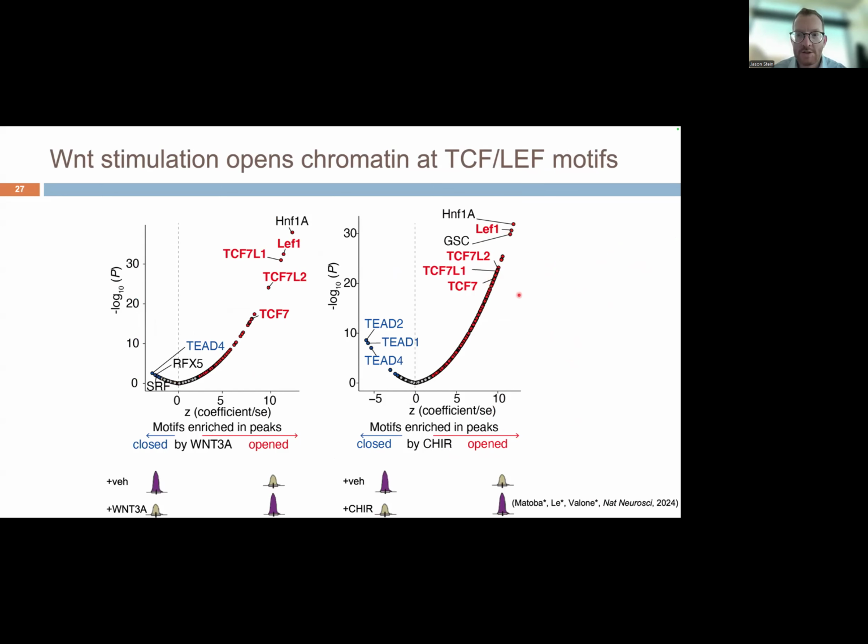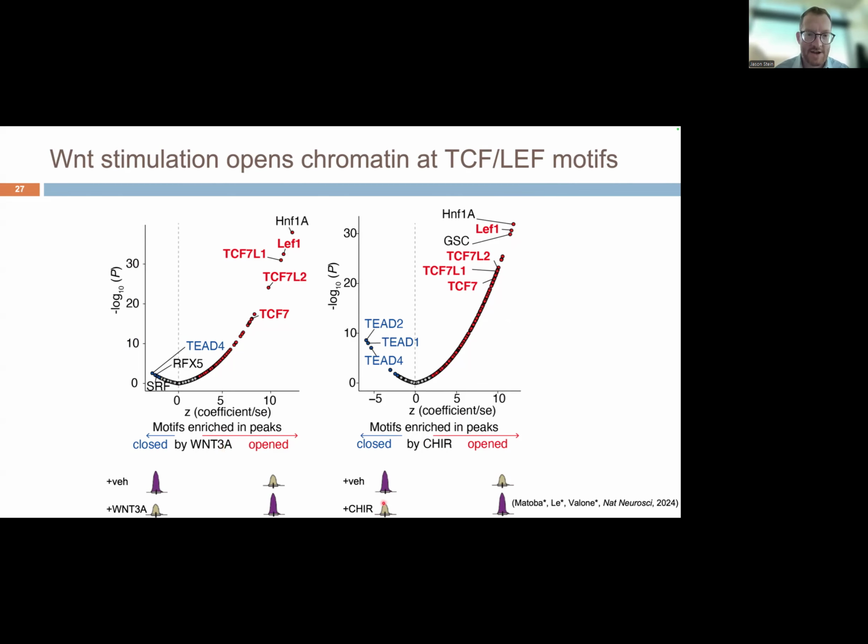And indeed, that was found for both the CHIR version of stimulation and the Wnt3a version of stimulation. So this result was expected because of what we know about the signaling cascade, but also it gave us much greater confidence in our downstream analyses that basically Wnt activates the downstream effectors of Wnt.